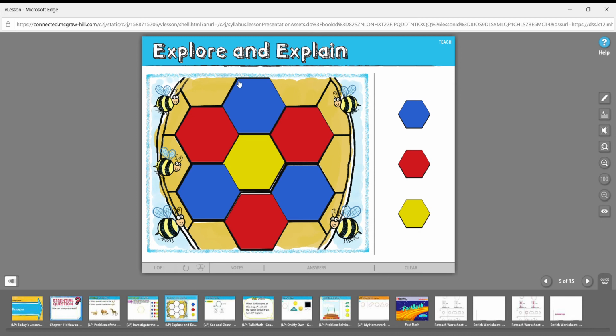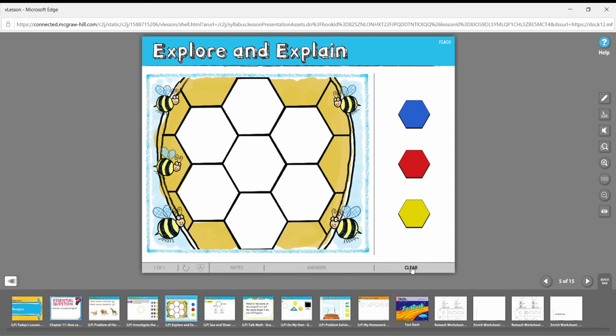And how many vertices? 1, 2, 3, 4, 5, 6 vertices. So a hexagon has 6 sides and 6 vertices. So you're going to color each of those on that front part and talk about the sides and the vertices for each hexagon. So that's what you do on the front.